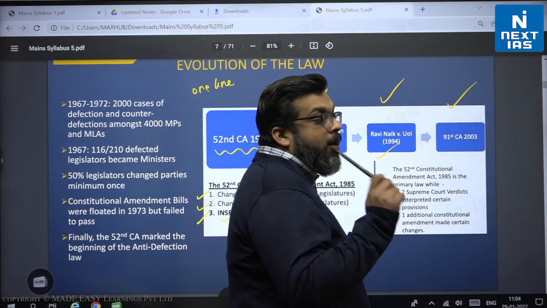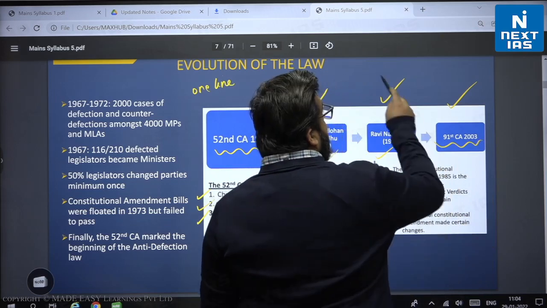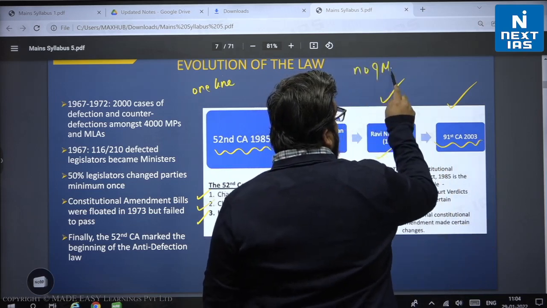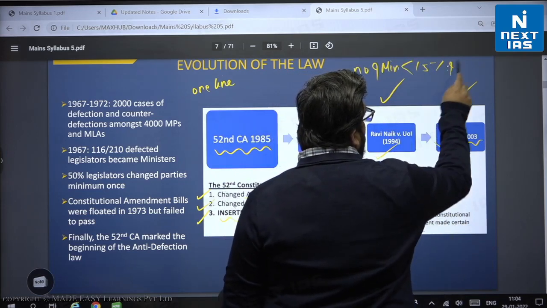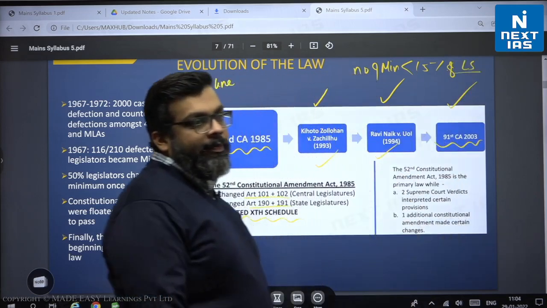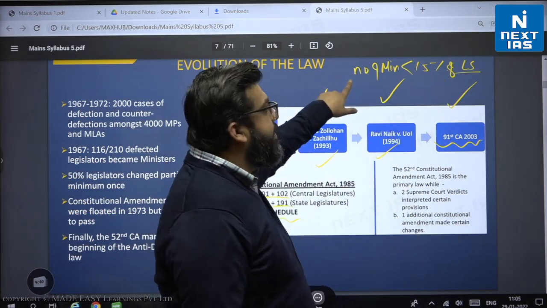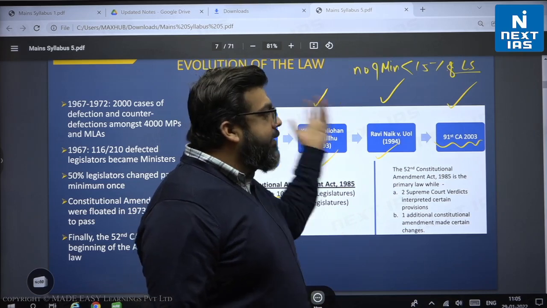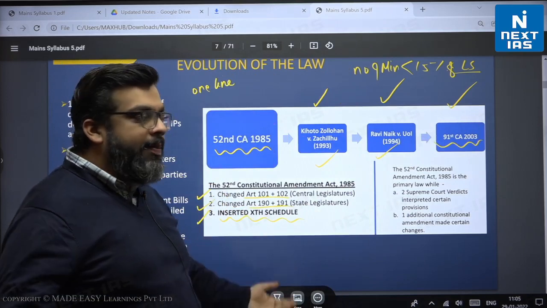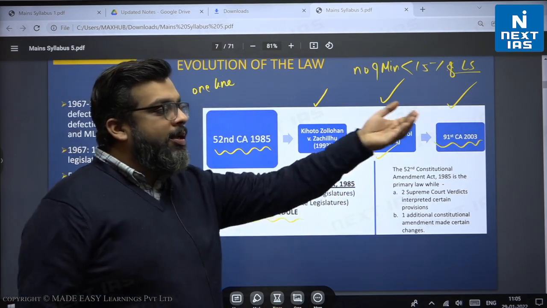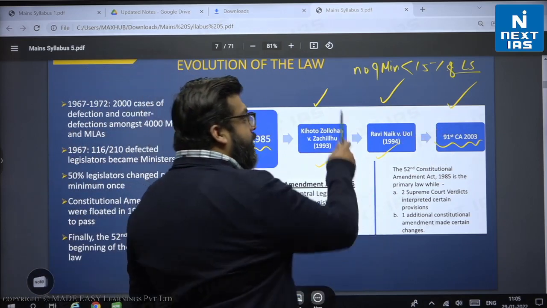In fact, because it was all about political opportunism, it is through the 91st Amendment, you will remember we've discussed ministers, that the number of ministers at the center cannot be more than 15% of the total strength of the Lok Sabha. इंडिया में लोकसभा की जो टोटल स्ट्रेंथ है उसका 15% से ज़्यादा मिनिस्टर्स नहीं हो सकते. अदरवाइज आप ऑपोजिशन से खींच के बना लोगे ना. जैसे यूपी में यही तो हाल था, that everybody used to make coalition politics, used to get MLAs from other parties, give them a ministership.